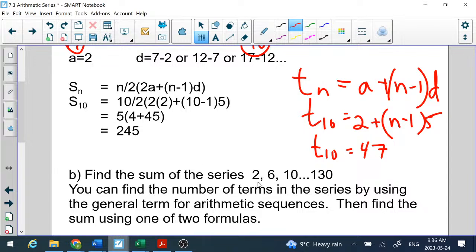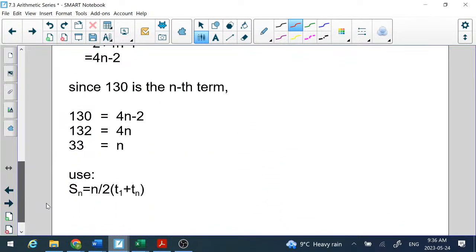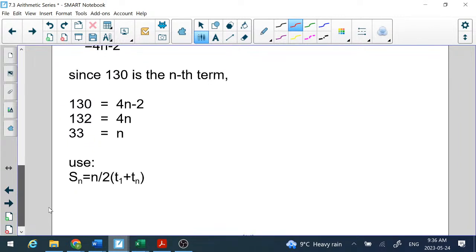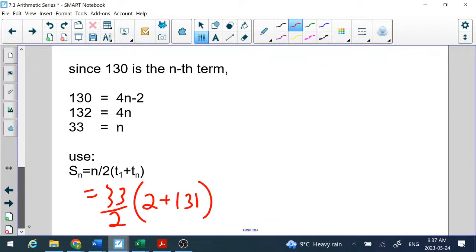Yeah, so 132 times 33 divided by 2. The first term was 2. The last term was 131. Is that right? 131? No, 130.